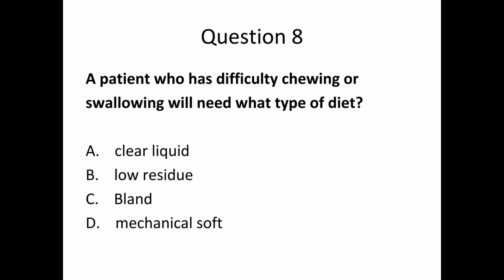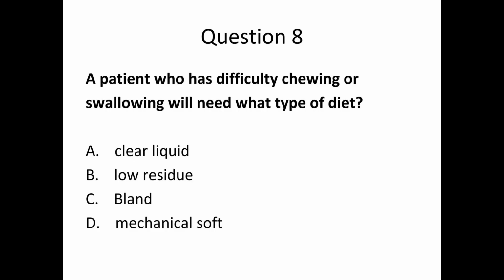The last question reads: a patient who has difficulty chewing or swallowing will need what type of diet? If I have a problem with chewing and swallowing, will you give me clear liquid? Will you give me low residue? Will you give me bland? Or will you give me mechanical soft? Let's brainstorm. What sort of diet will you give this client?